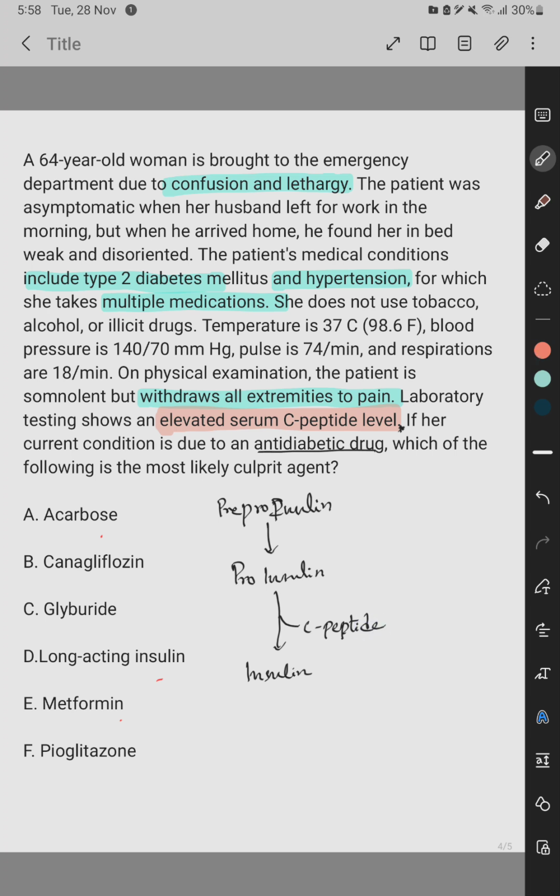If you want the structure also, you can see, this is the pre-insulin which has the C-peptide. This is pro-insulin, after which the C-peptide detaches and only the insulin will be formed.